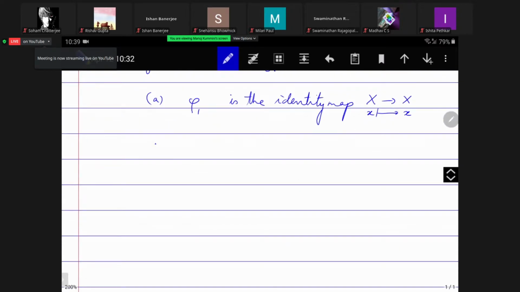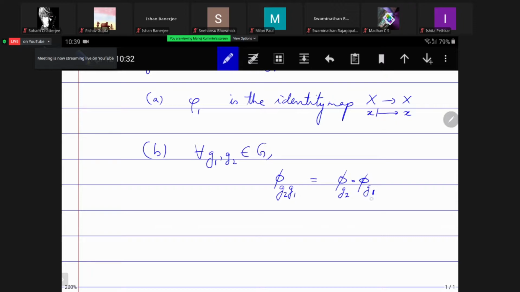And B, for all g1 and g2 in G, what is the function corresponding to g2 g1? This is the composition of the function corresponding to g2 with the function corresponding to g1.